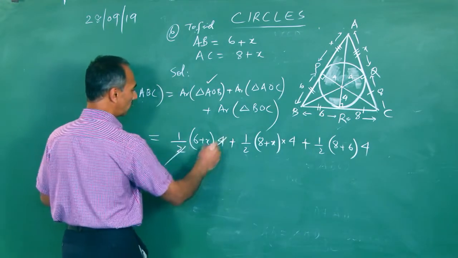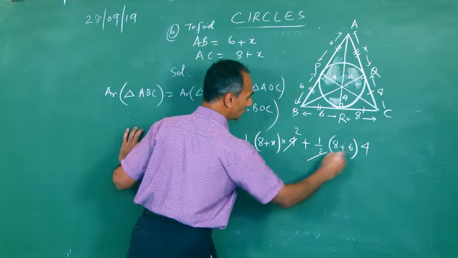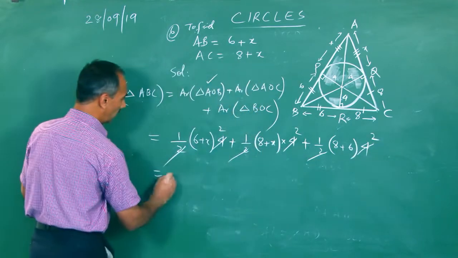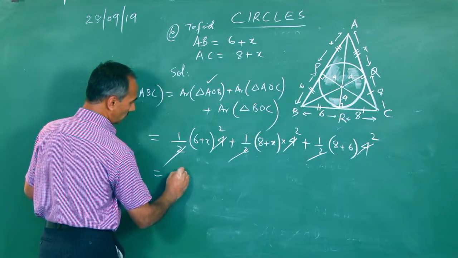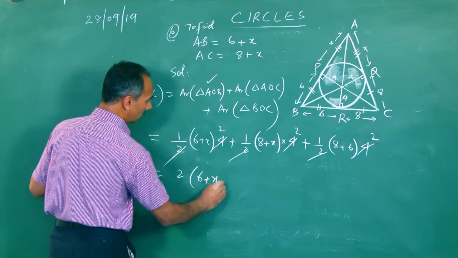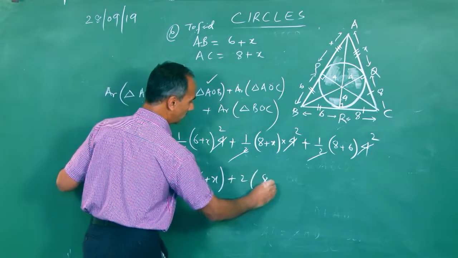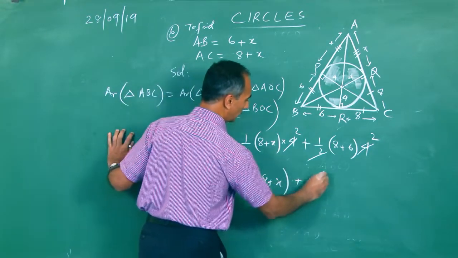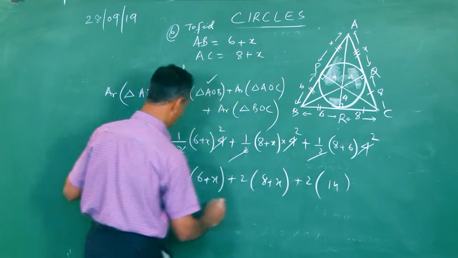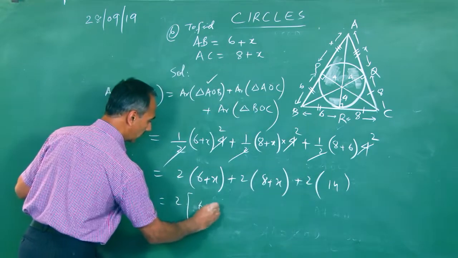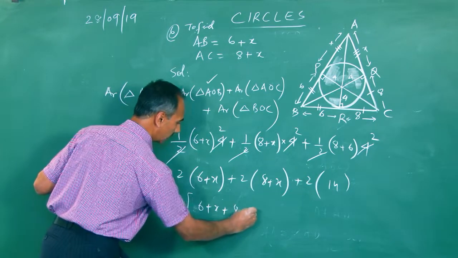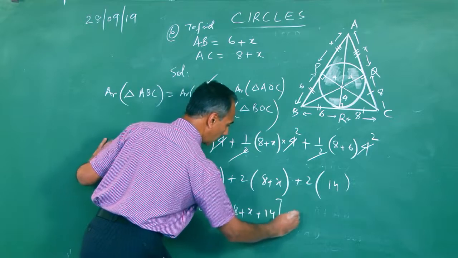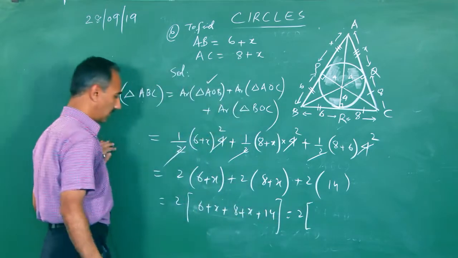Now what I'll do, I will cancel half with this, 2 2 is 4, 2 2 is 4. So this would be 2 times 6 plus x plus 2 times 8 plus x plus 2 times 14. Let me take 2 common. This is 6 plus x plus 8 plus x plus 14. What does that sum up to? I'm not multiplying by 2.